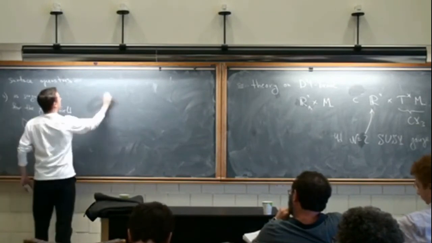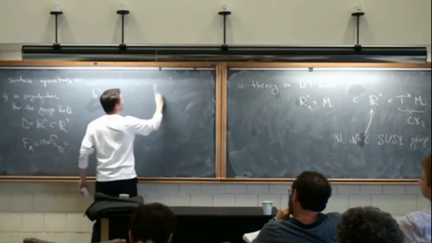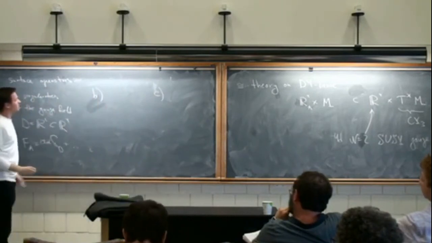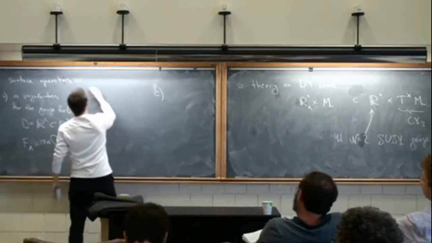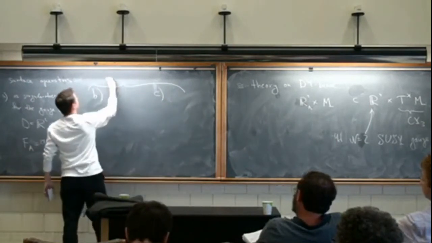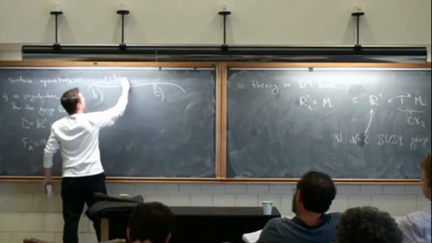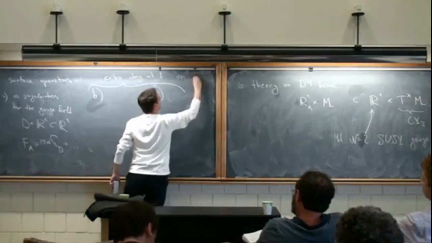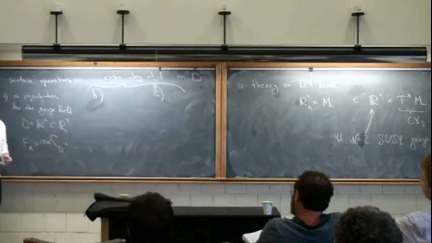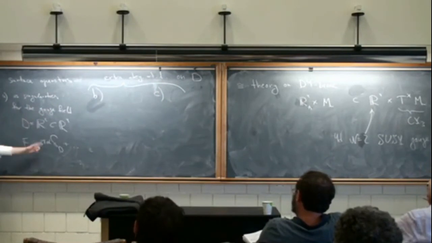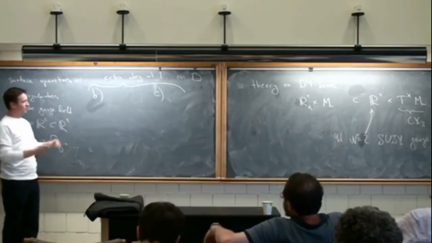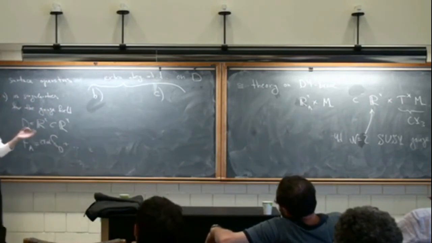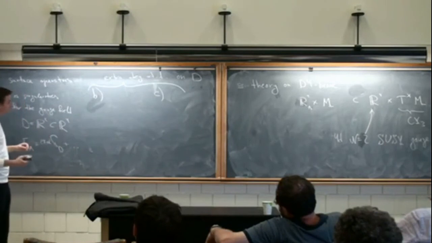There are actually two other ways that I'm going to give you, which give a description of surface operators in terms of additional degrees of freedom on this surface D. So here we introduce the surface operator as a kind of singularity by excising the surface from the space-time and prescribing boundary conditions, namely as monodromy conditions. But in physics, we often describe operators by introducing extra degrees of freedom on the support.